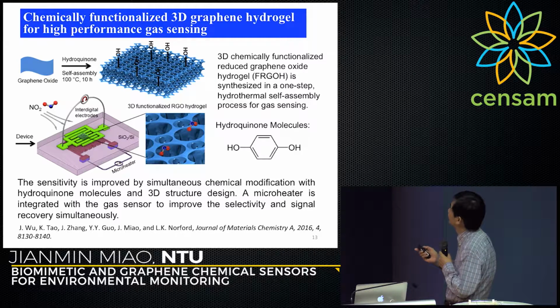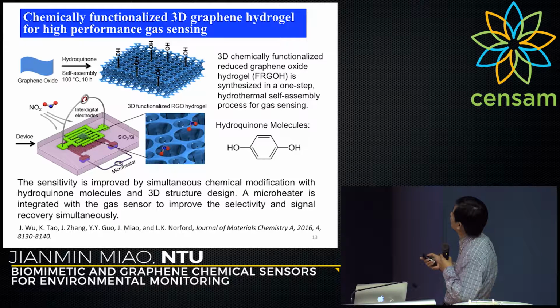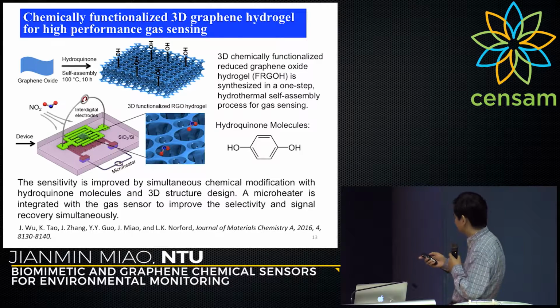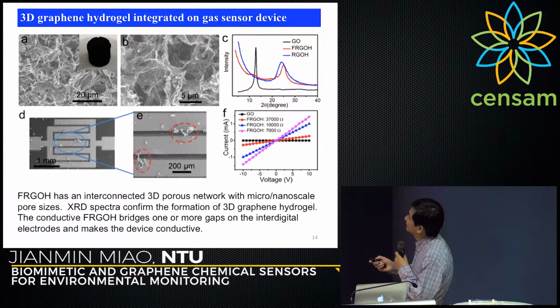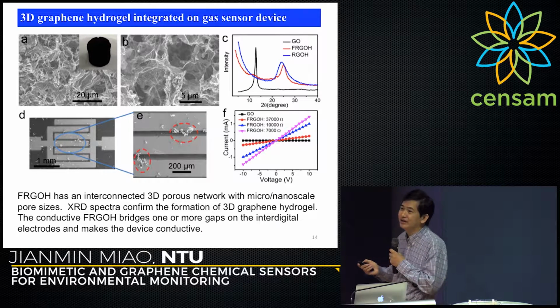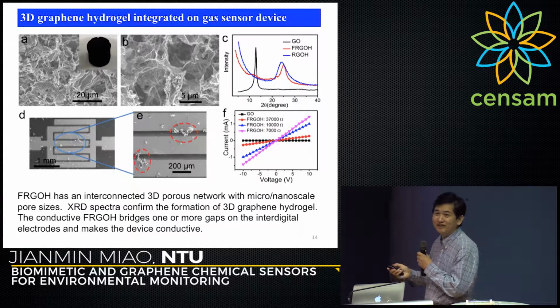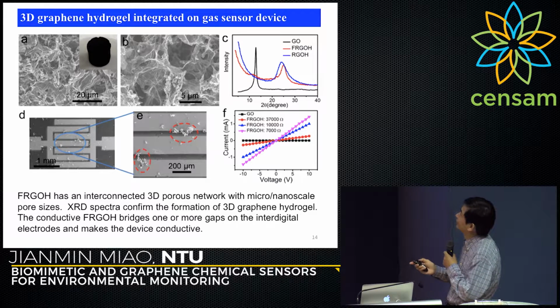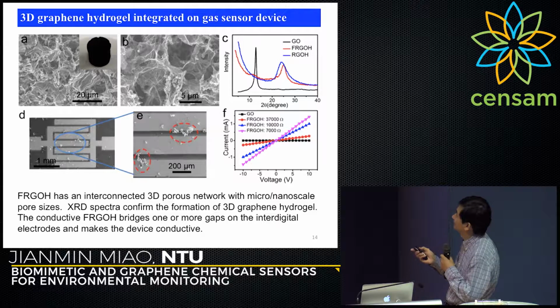Of course, this is a special technology developed by Dr. Wu Jing, called 3D chemically functionalized reduced graphene oxide hydrogel material. It's a very special material we use here. And as in the picture showing the 3D, it's not just one sheet of graphene. It's quite bulky graphene, so you have enhanced surface area in this case.